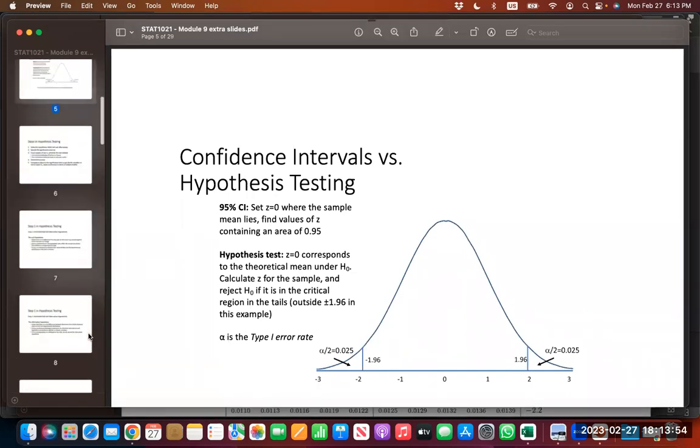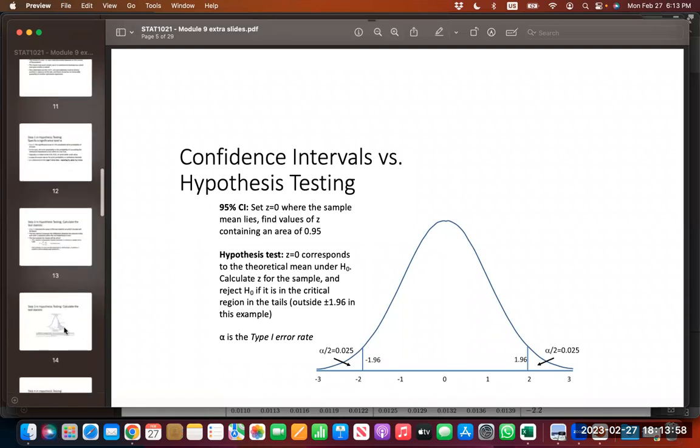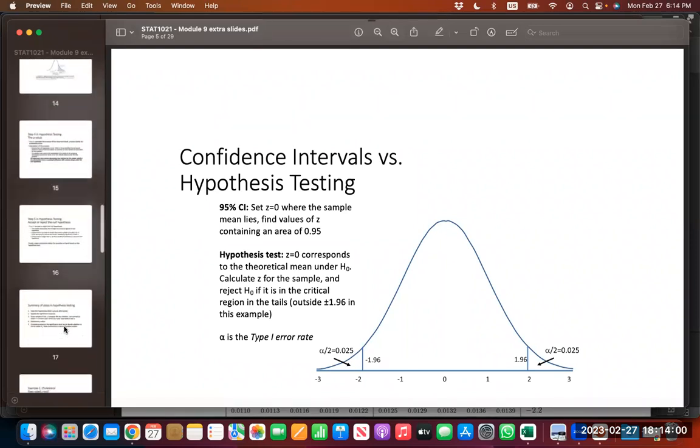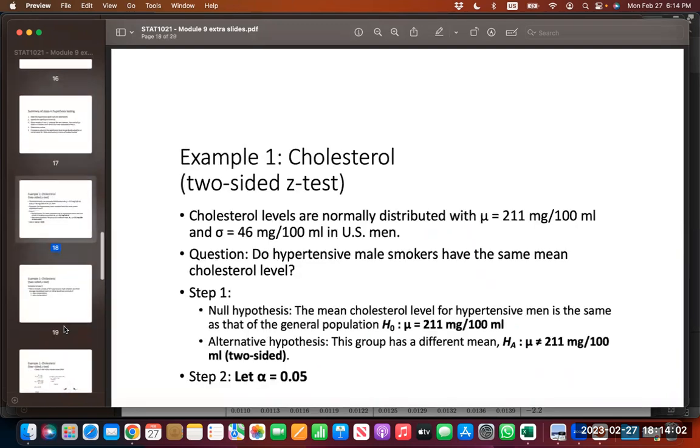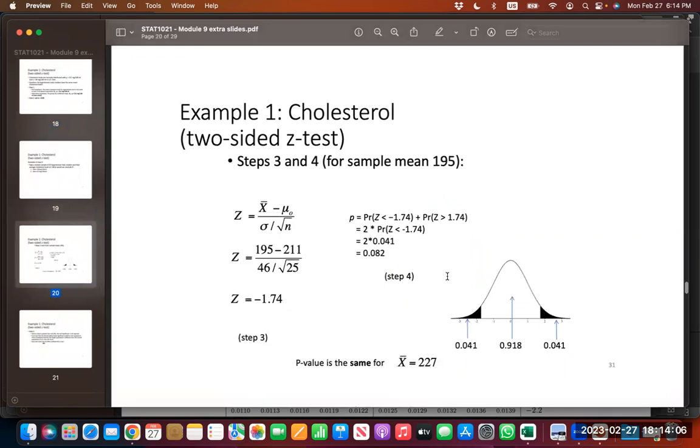So when you look at our example, let's go back to that example we did in module 9, which was the cholesterol example. If we're doing a SET test, we essentially calculate our SET by subtracting our population mean from the mean of the sample.